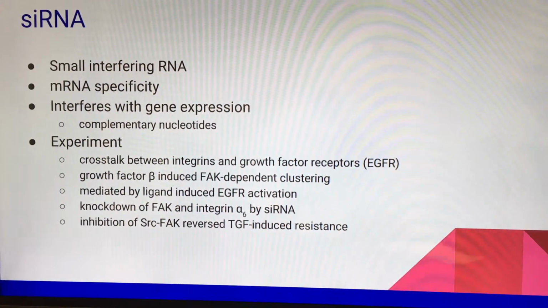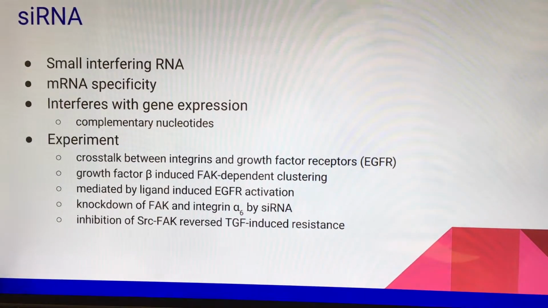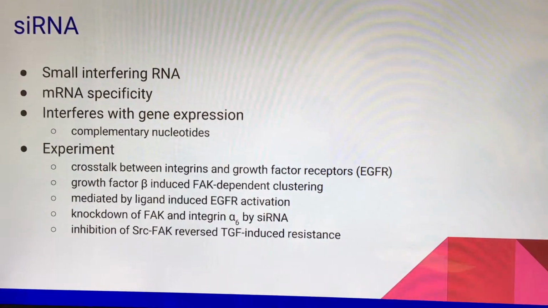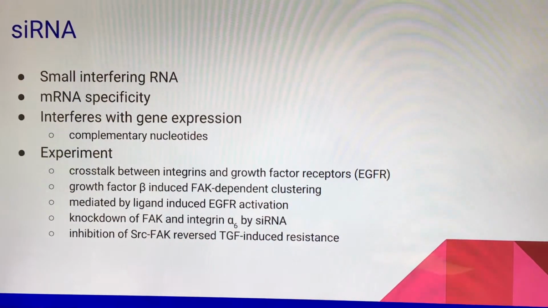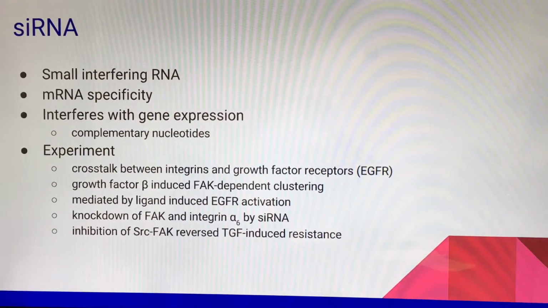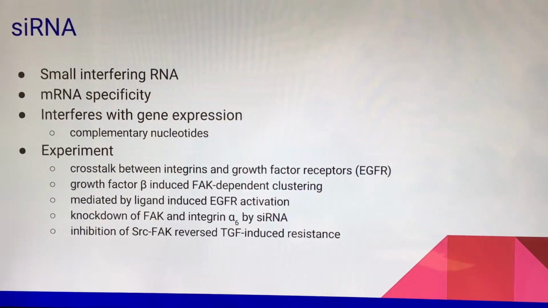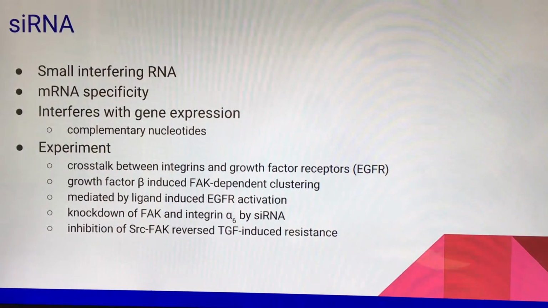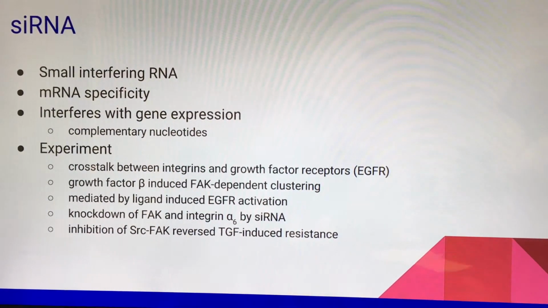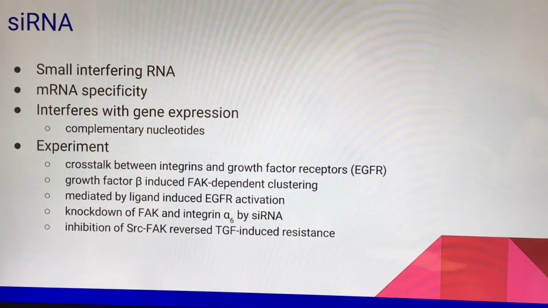They treated, I believe, with transforming growth factor beta, which induced FAK-dependent clustering of HER2 and integrins alpha 6, beta 1, and beta 4, in HER2 overexpressing mammary epithelial cells. It was mediated by ligand-induced EGFR activation and the phosphorylation of SRC and FAK.